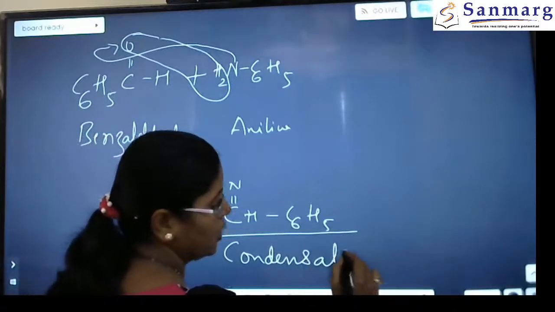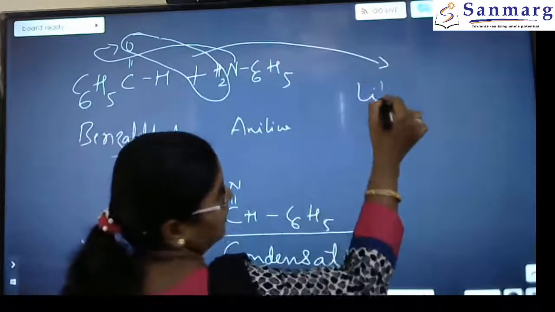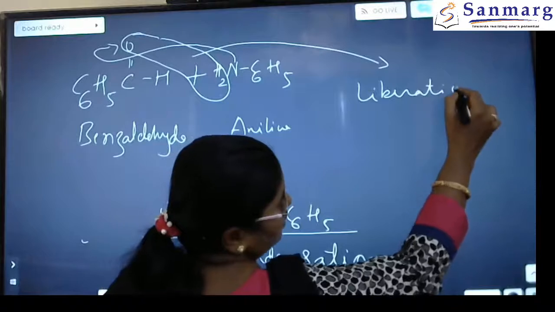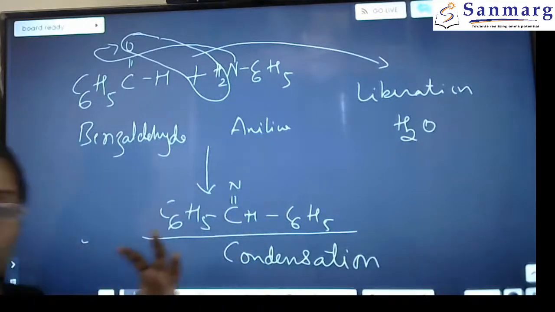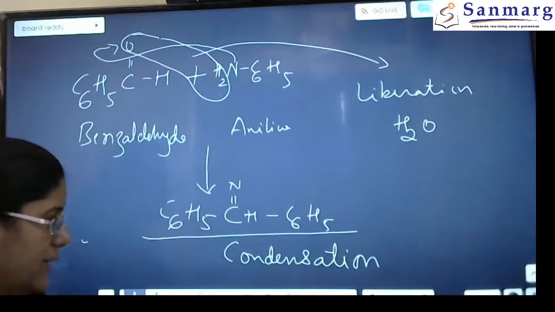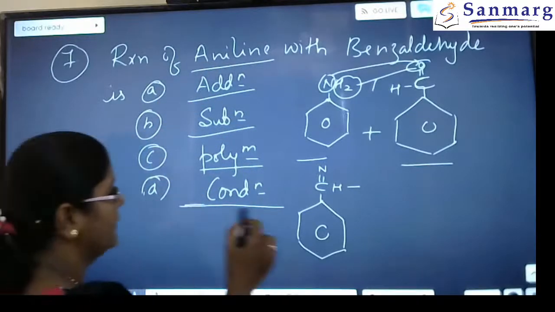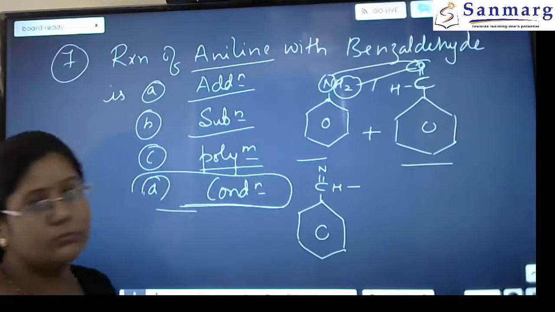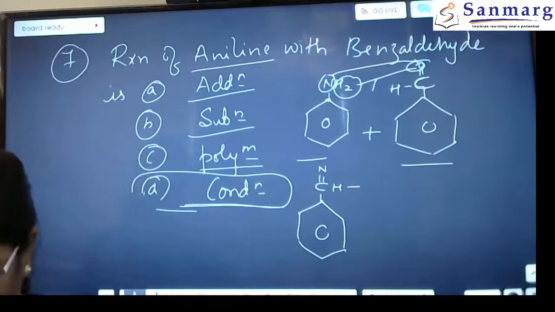In a condensation reaction, a water molecule is liberated and both molecules get condensed. So the answer is option D, condensation reaction. It is an example of condensation reaction. So next question.